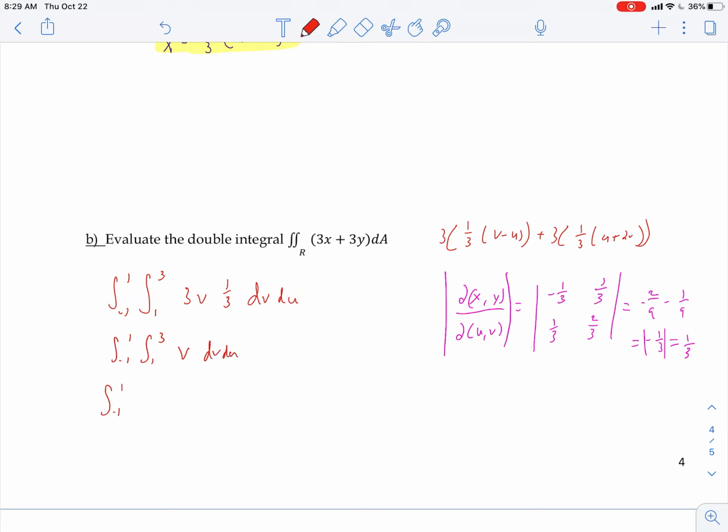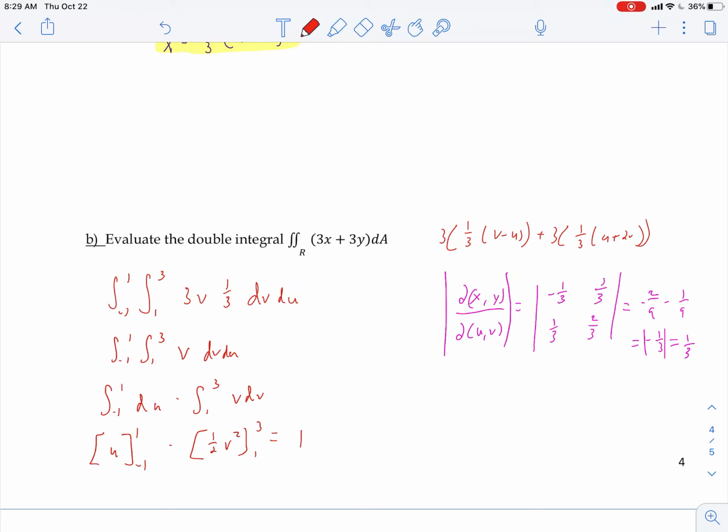And we can break that up to be the integral from -1 to 1 du times the integral from 1 to 3 v dv, and that's just going to be u from -1 to 1 times 1/2 v squared from 1 to 3.